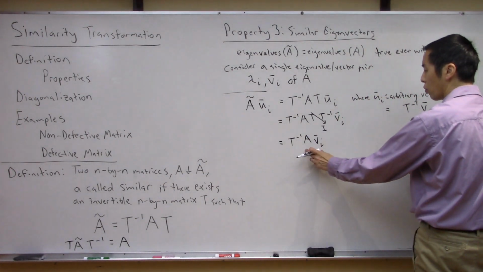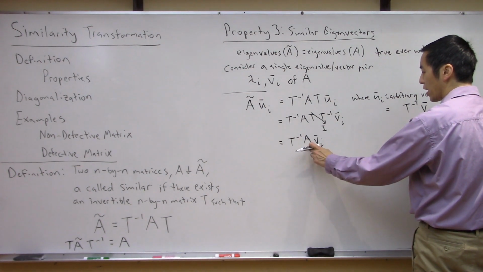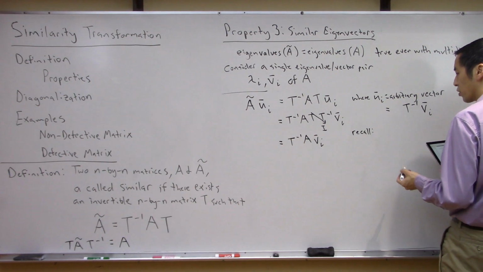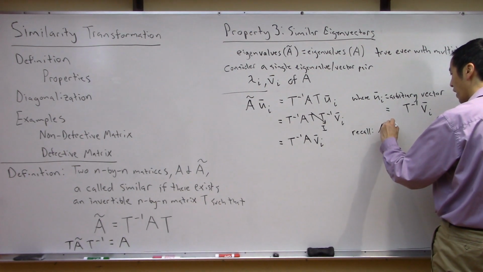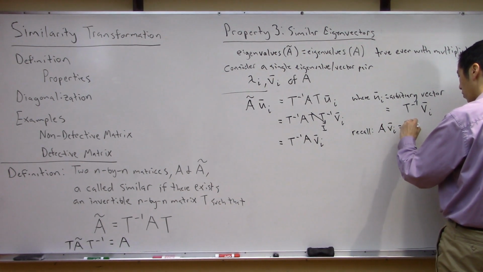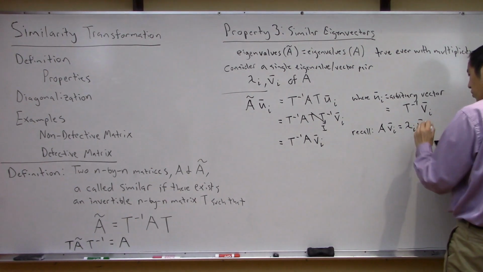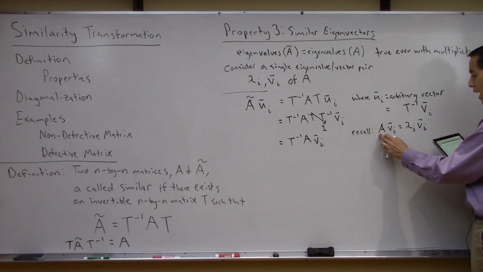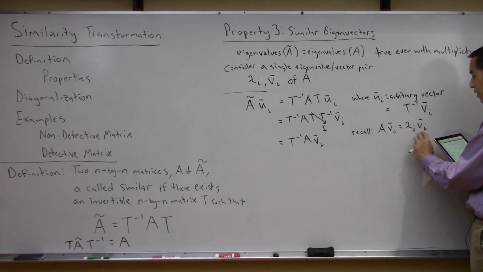Now remember, what is A v i? The definition of an eigenvector is this: because v is this magical eigenvector, if I multiply A by it, I get the same eigenvector just scaled by the eigenvalue.